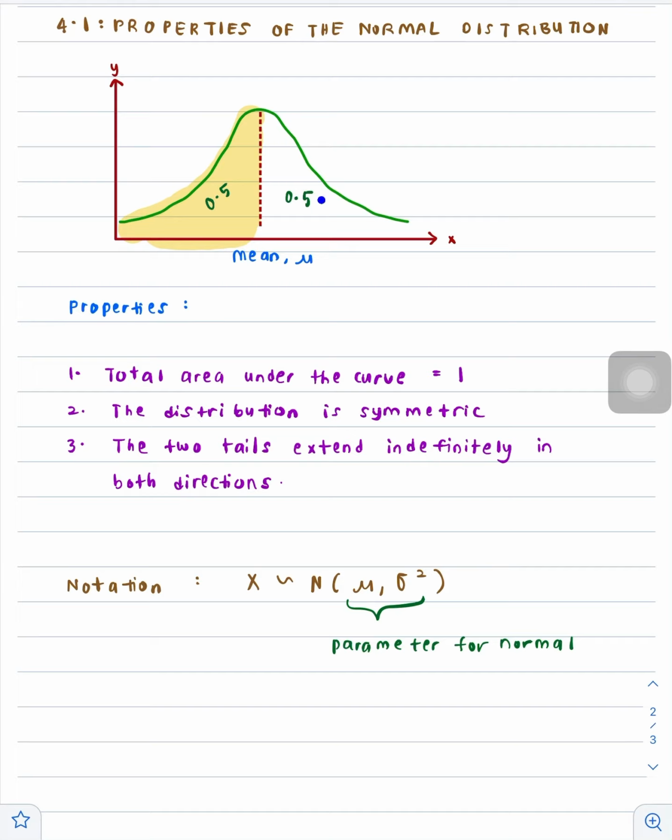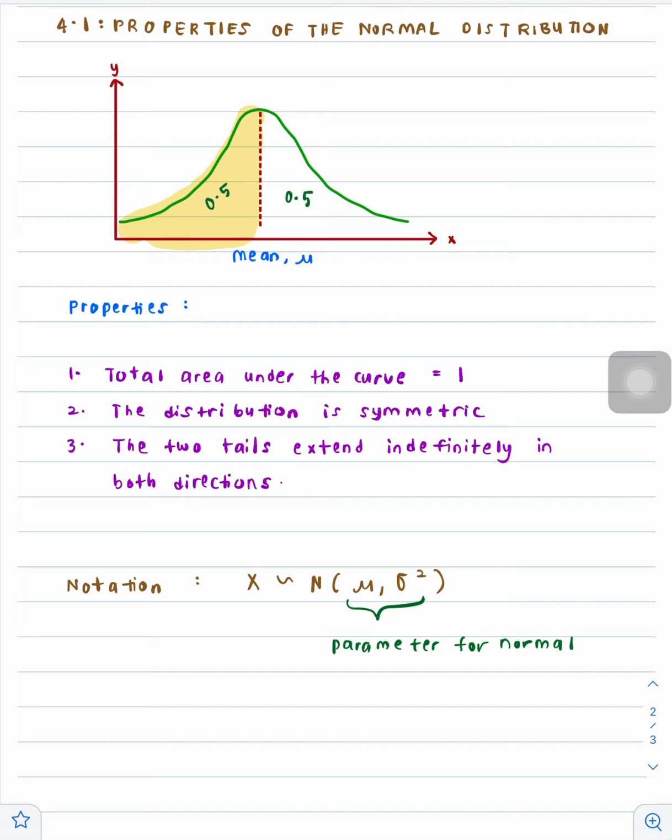So both, if you sum up, both areas will be equivalent to 1. And then the third property will be the two tails extend indefinitely in both directions. So this continues up until infinity, and this continues up until negative infinity. Okay, so these are the three basic properties that you have to know for the bell-shaped curve.